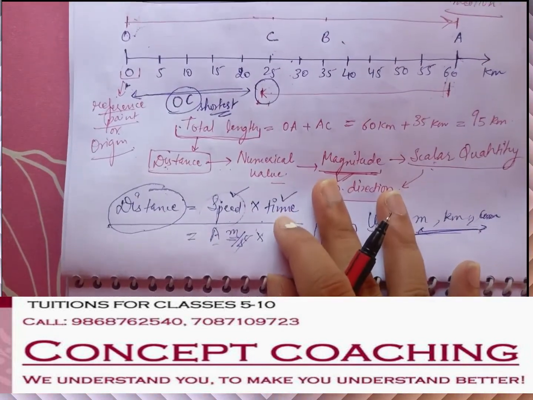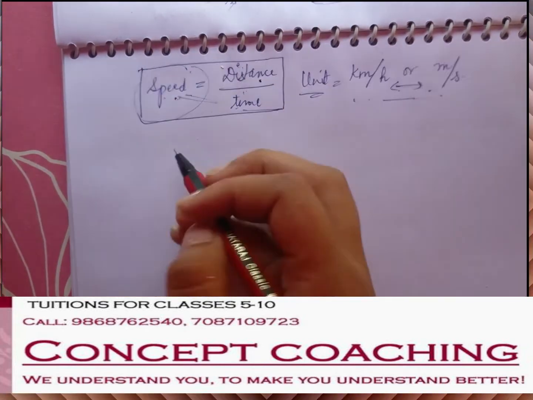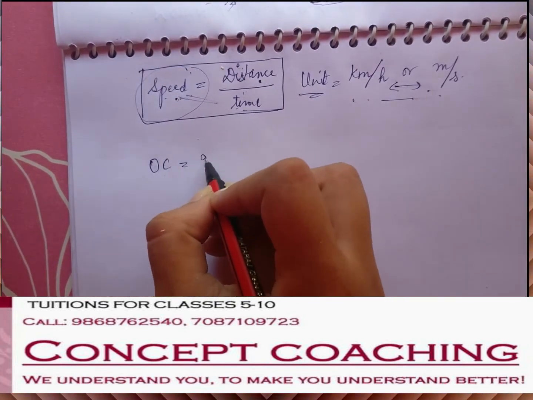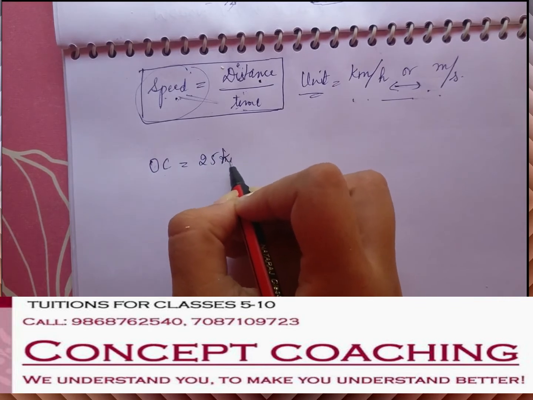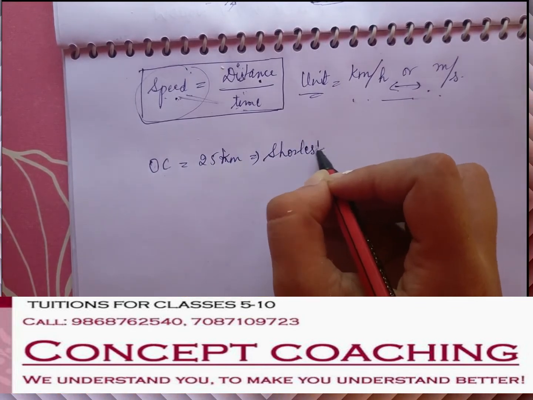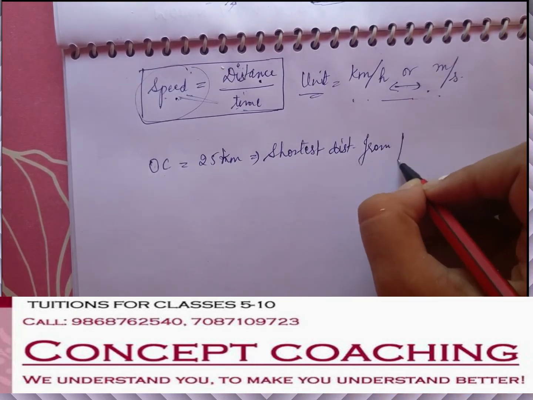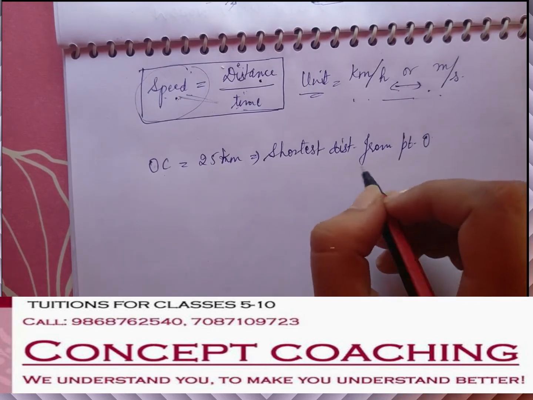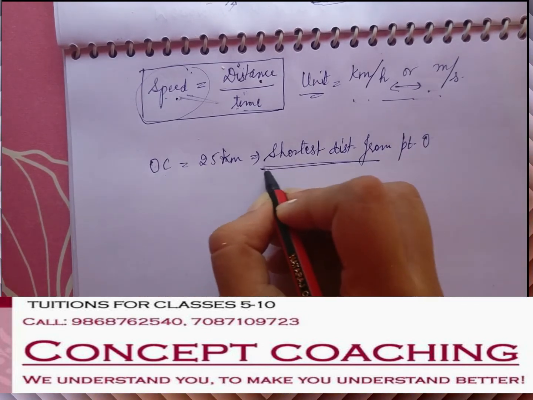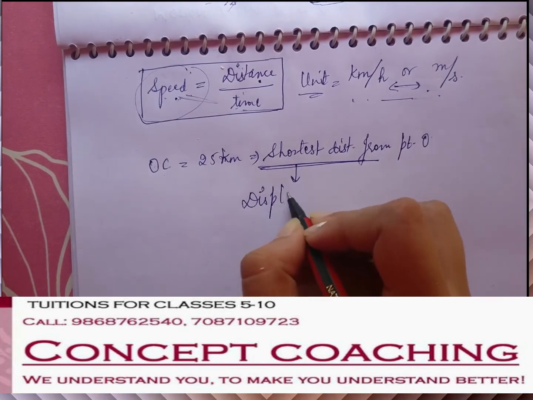The value of the shortest distance here is 25 kilometers. So OC is 25 kilometers, which is the shortest distance of our object from point O. This shortest distance from the origin is known as displacement.